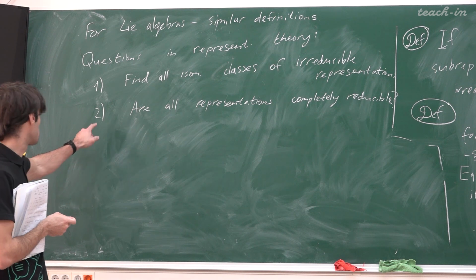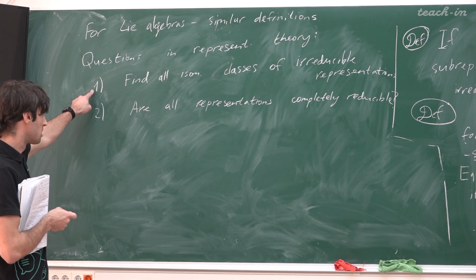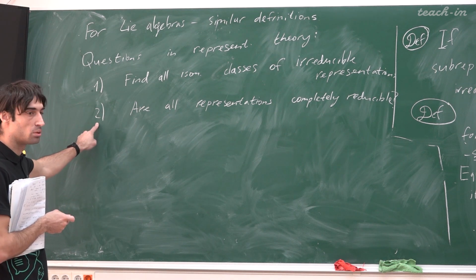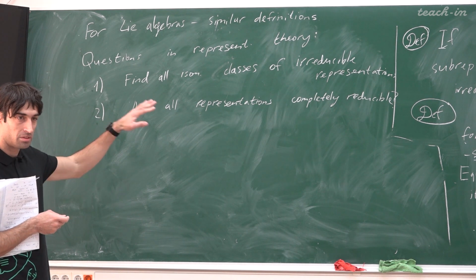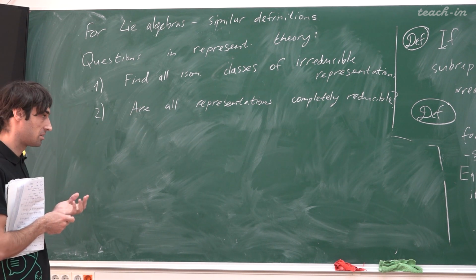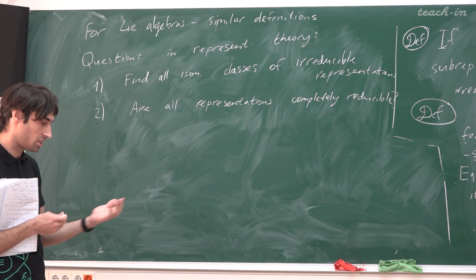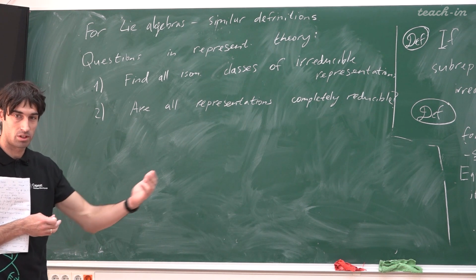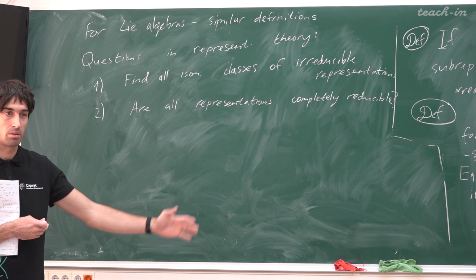If you did one and the answer for two is yes, then you're done, because every representation is just a direct sum of irreducibles. You know all irreducibles, so you just know everything about representations.